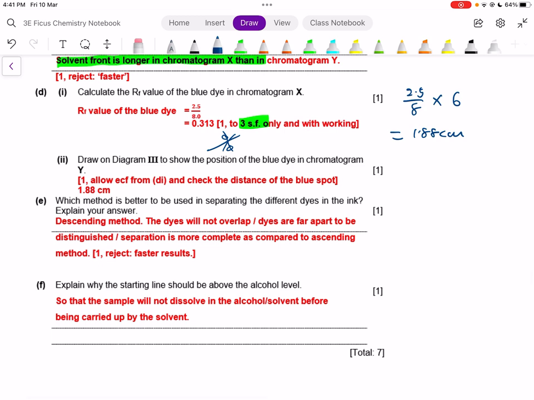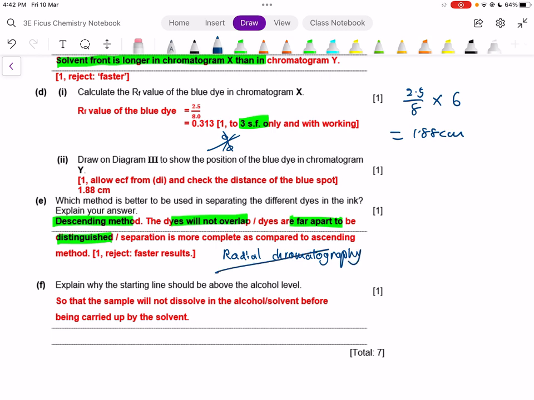Okay, then which method is better to be used in separating the different dyes in the ink? Explain your answer. So the descending method. Okay, because why? Dyes will not overlap because they are far enough apart, as a result of the longer solvent front. Some of y'all explained very funnily, giving me radial chromatography out of nowhere.